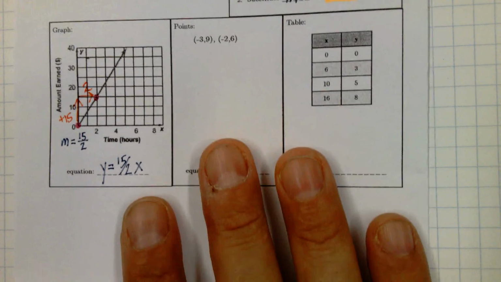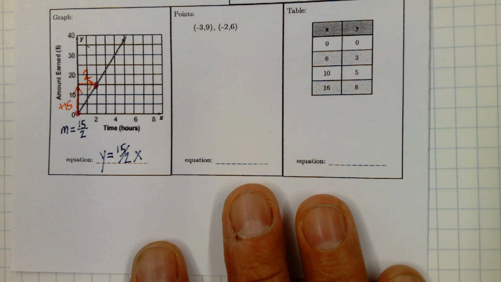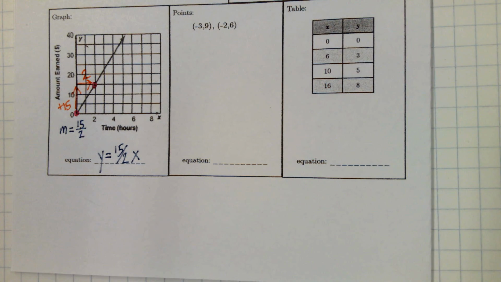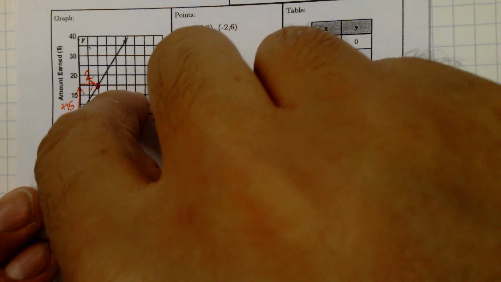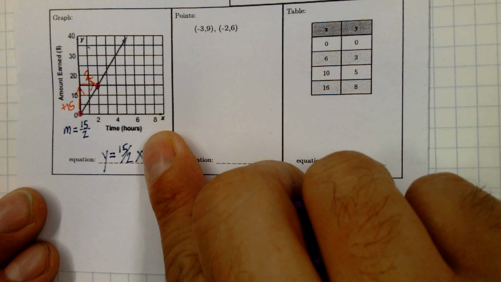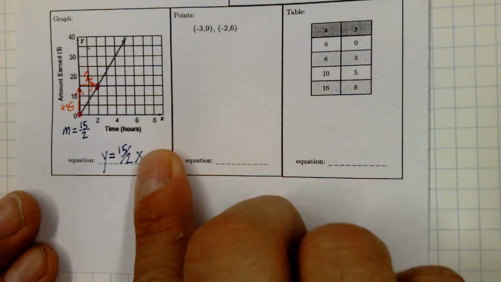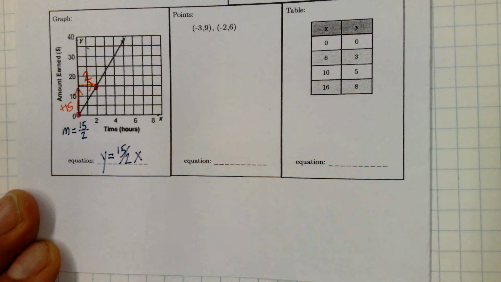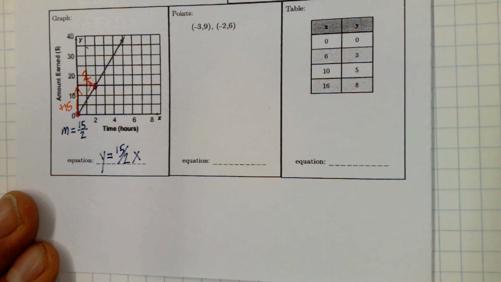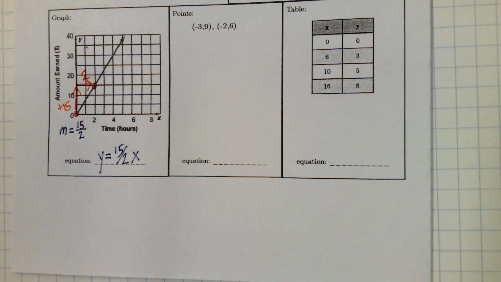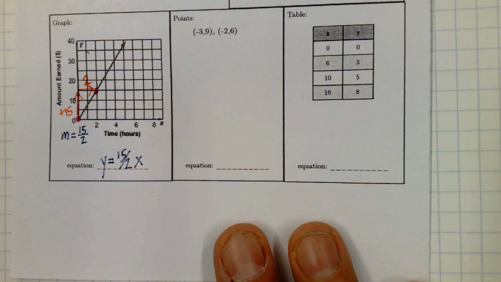And basically, you give me a time in hours, and I'll tell you the amount earned with that equation. Okay? If I know that it's 40 hours, I'll replace x with 40 and get an answer with that equation. Okay? All right. Let's try the next one.